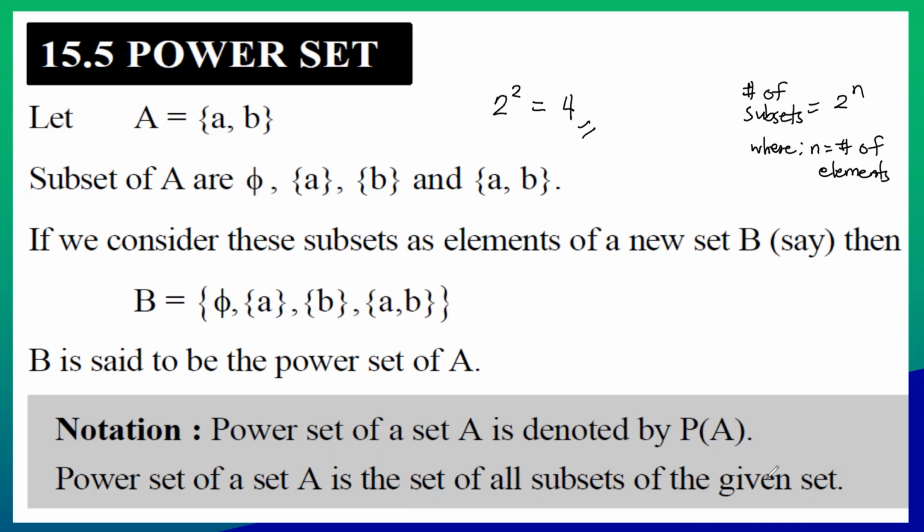So you just need to get for P of A, all the subsets of the given set. Okay, so again, we're going to use 2 raised to n to determine how many subsets there are for the given set. Okay, so let's continue.